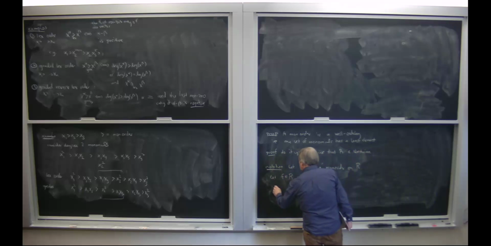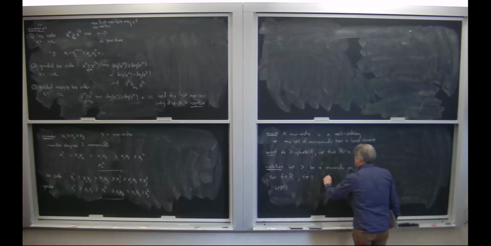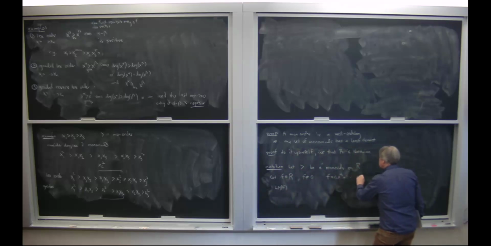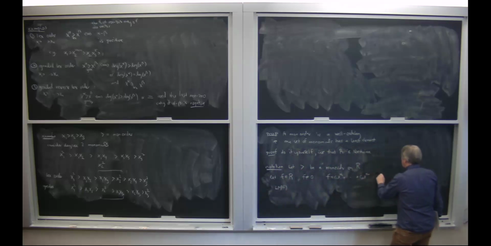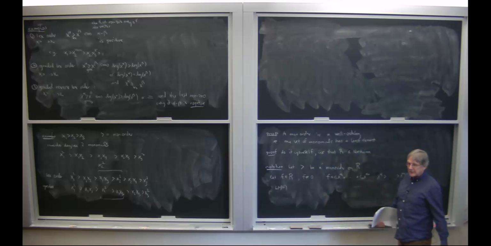Let's write it out. F is equal to C1 times x to the alpha 1 plus dot dot dot plus Cm times x to the alpha m, where x to the alpha 1 is greater than dot dot dot is greater than x to the alpha m.